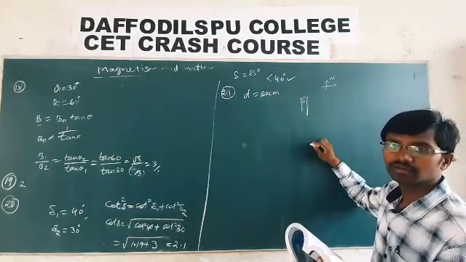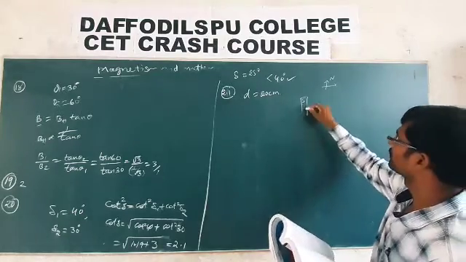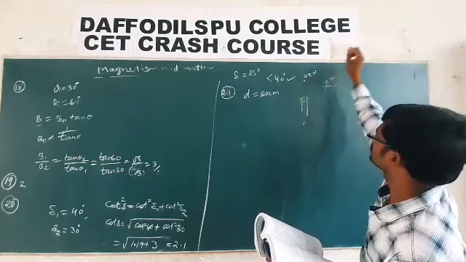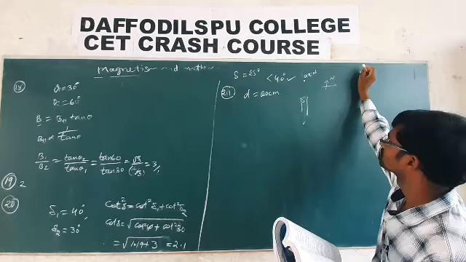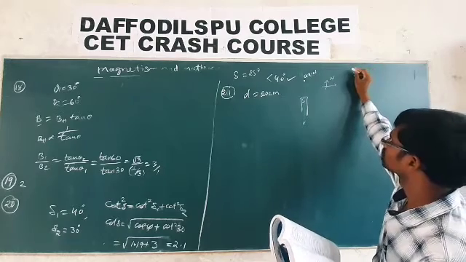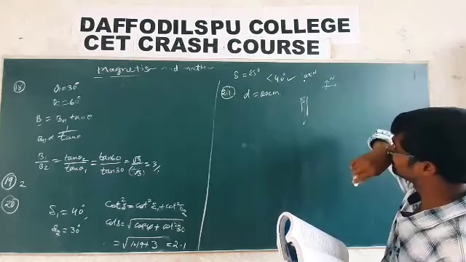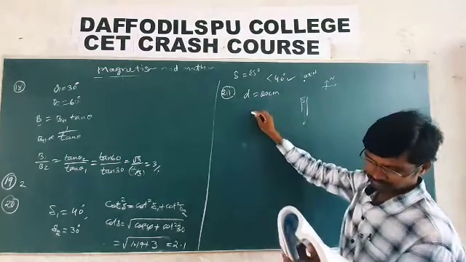The pole strength of the magnet is to be found. The horizontal component of the Earth's magnetic field is 0.34 Gauss, BH is equal to 0.34 Gauss, where 1 Gauss is equal to 10 power minus 4 Tesla.